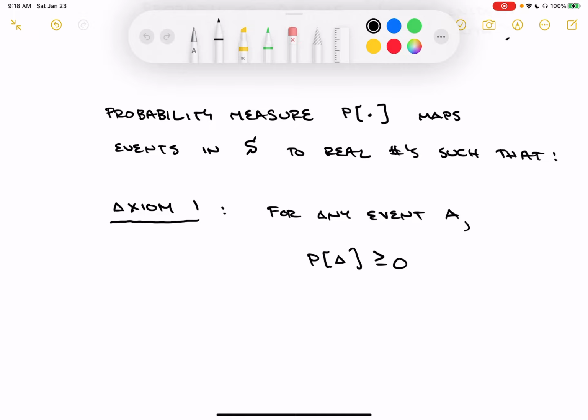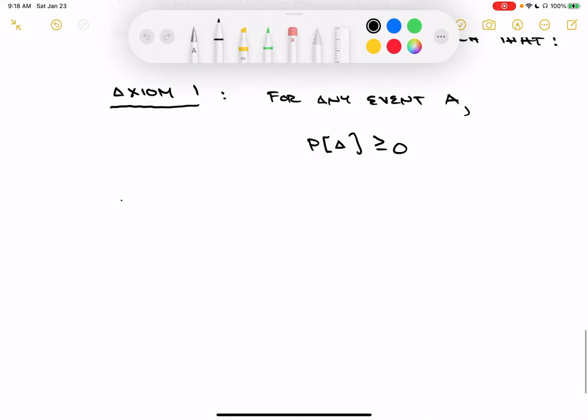It doesn't make any sense to have a negative probability. I certainly don't know what that means. A 0 would mean that it never happens, and it would keep going up, and as we would expect, once we get to 1, we take that number as a fraction of likelihood. 1 would be perfectly likely. So this idea of an event A, something that could happen in our universe, can't have negative probabilities. Seems pretty self-evident, right?